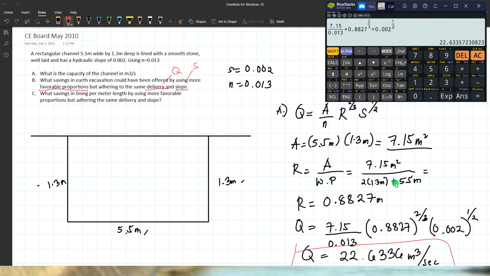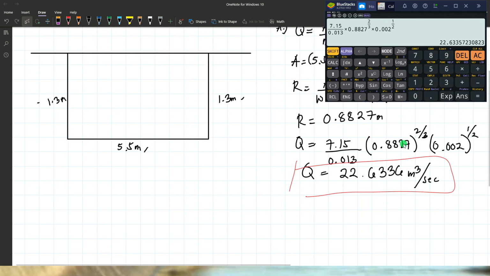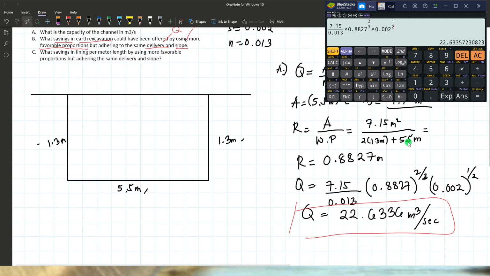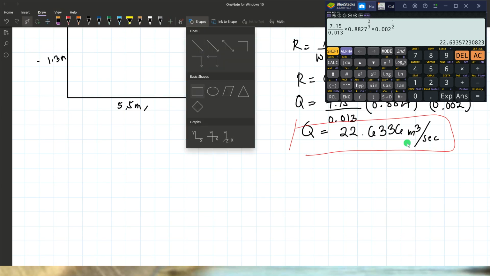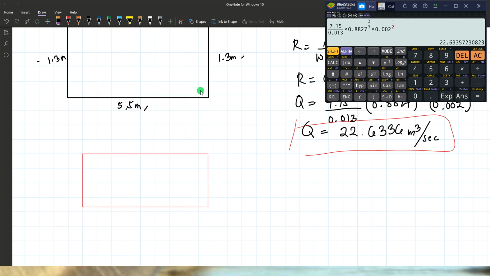So in these given dimensions, this is not the most economical section, but if we use the most economical section, the question here is what savings in earth excavation could have been offered. So let's find first the dimension of the open channel, the rectangular channel that is the most economical section.